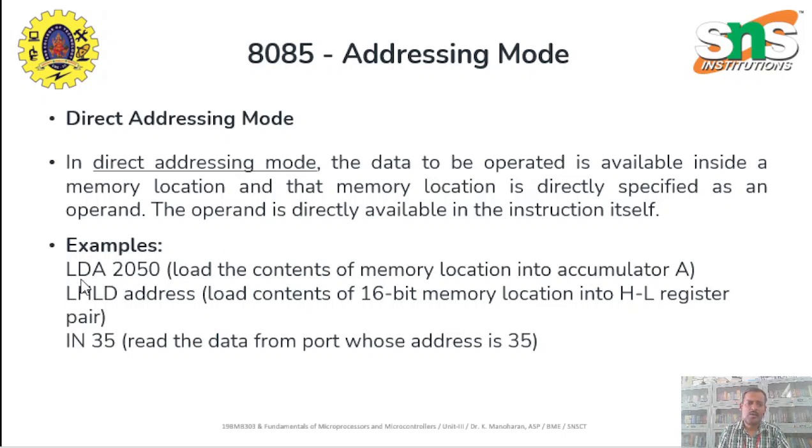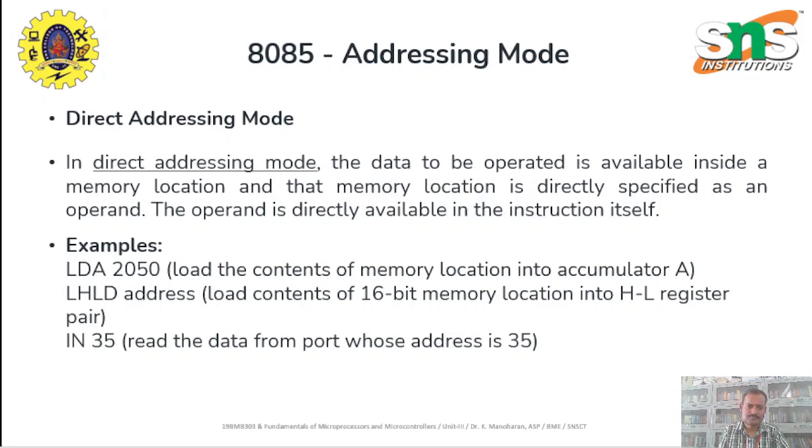That means load the accumulator directly from location 2050. The content present in this location will be loaded into the accumulator. Why is it called direct addressing mode? The address 2050 is specified in the instruction itself. We are not specifying the data directly; we are directly specifying an address. That's why we call it direct addressing mode.